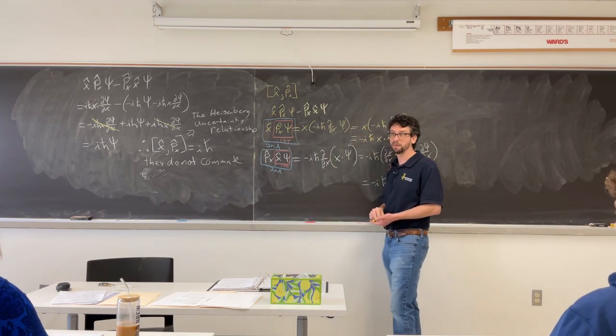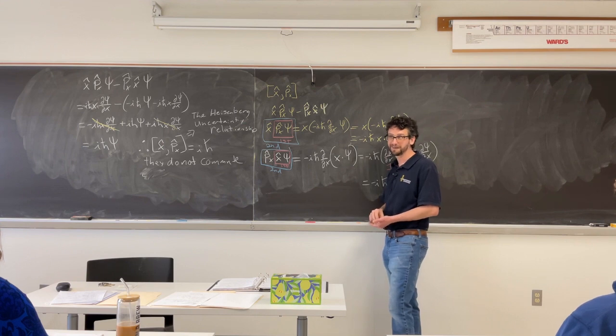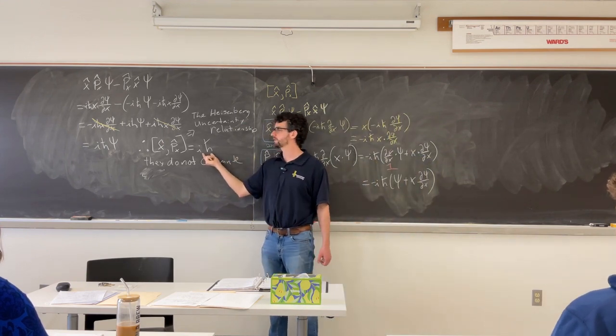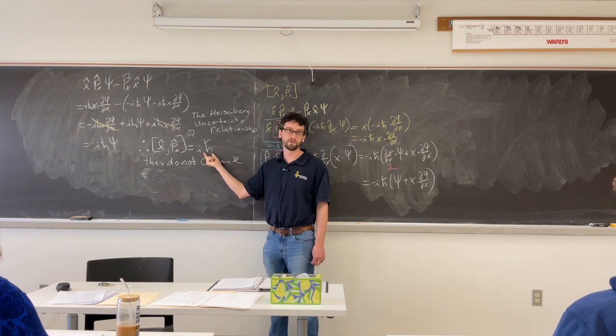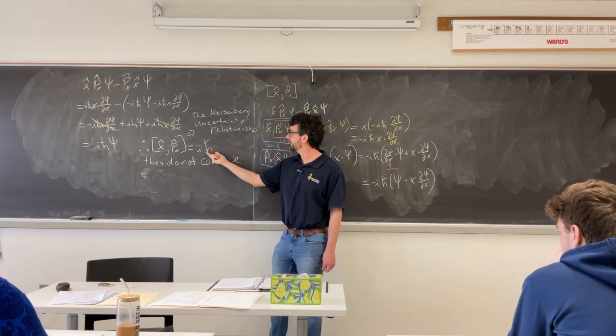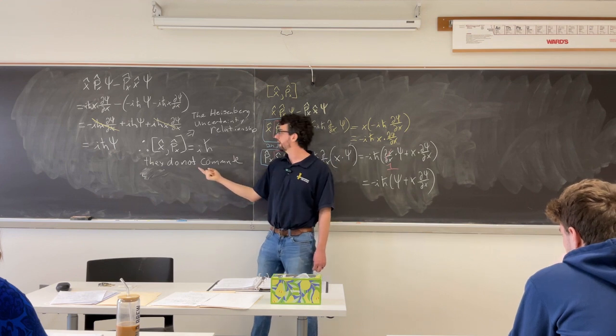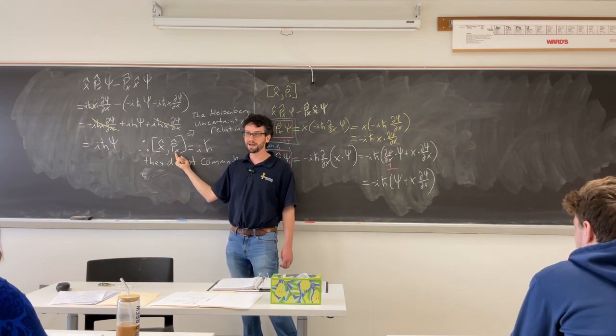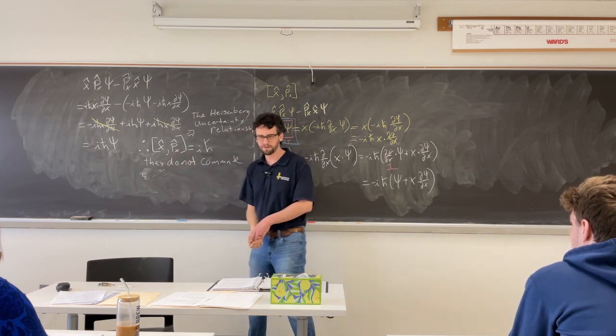Can I know them at the same time? No, I can't. There's this error or this uncertainty associated with them. That's really weird. That's the best we can do. We can know it that well. If we try to understand one of these more, the uncertainty increases in this guy. Okay.